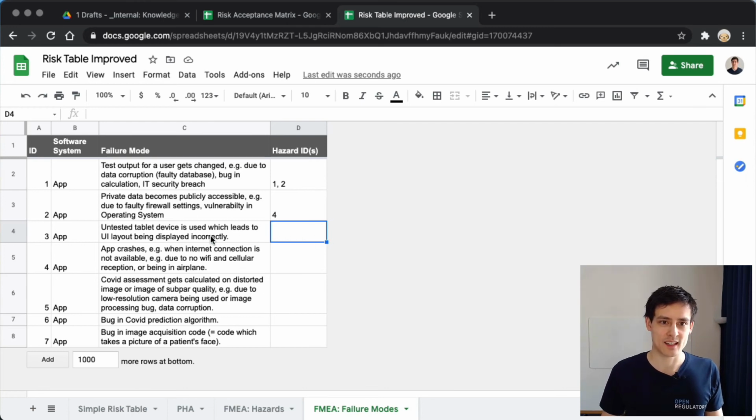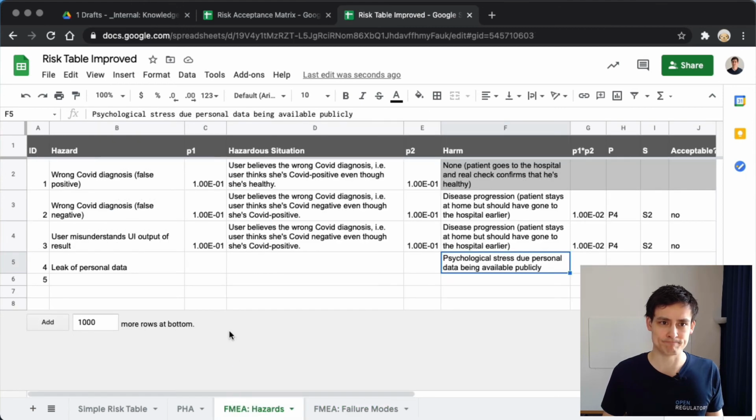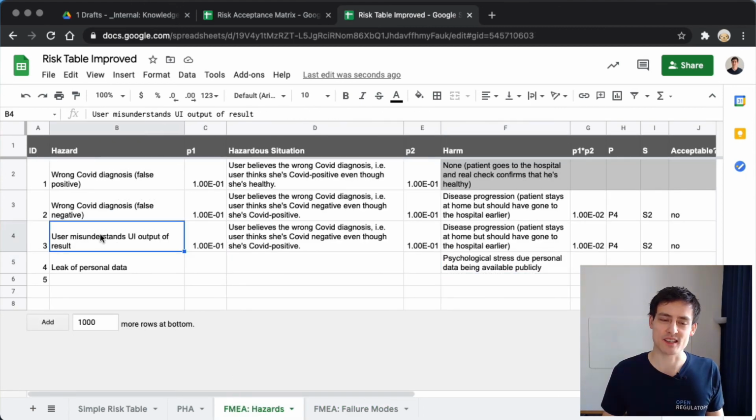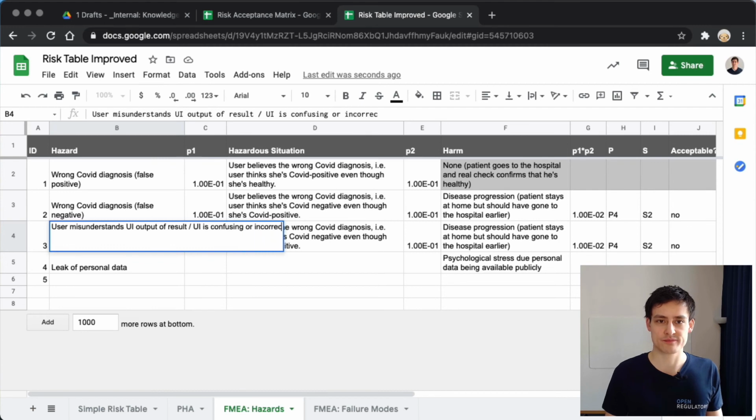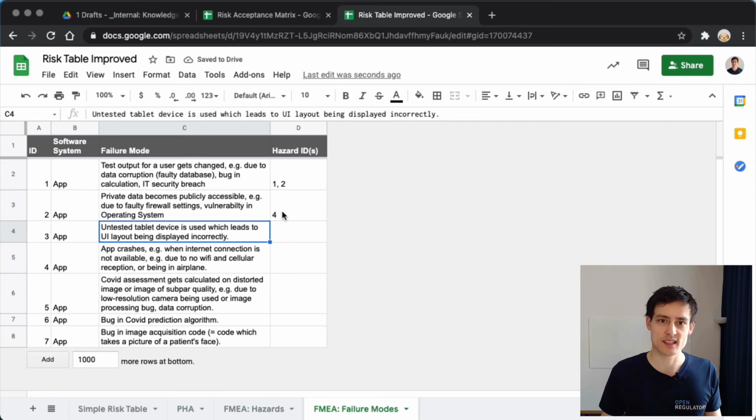Okay, and how about this? Untested. So this is about the layout being displayed incorrectly. It could be this hazard, right? Essentially the user misunderstands the input or output of the result, or the UI is confusing or incorrect. Change this hazard a bit, and then that's the valid hazard for me. So you're using a tablet.